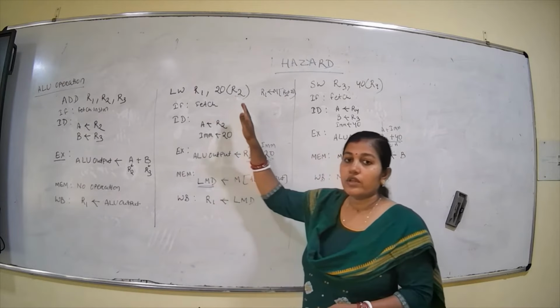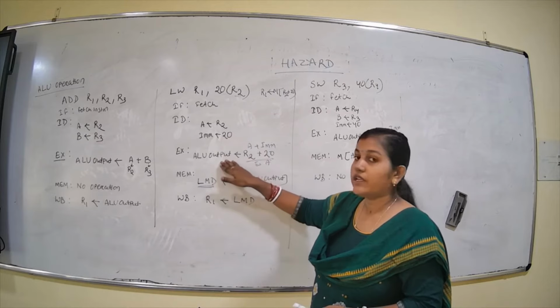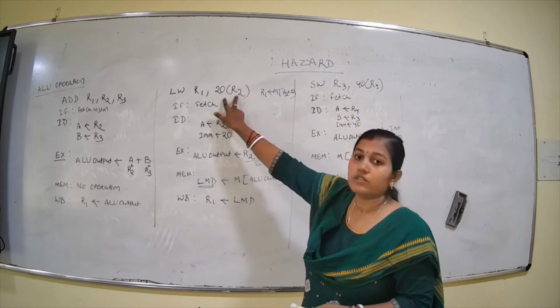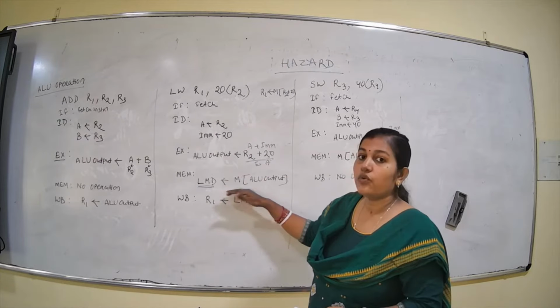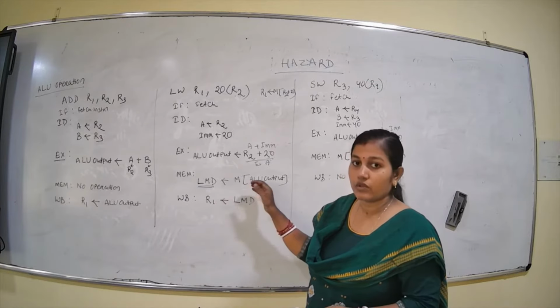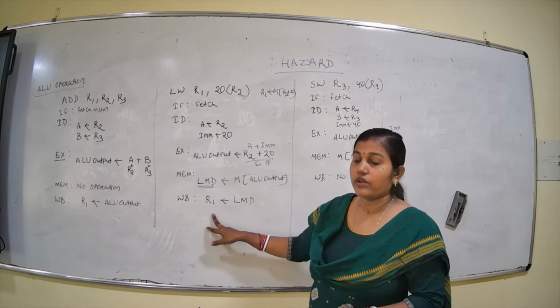In load, at the ID stage, we are reading the operands. At the execute stage, we get the effective address by adding these two. Then at the memory stage, we are reading from the memory. In write back, we are writing into register R1.